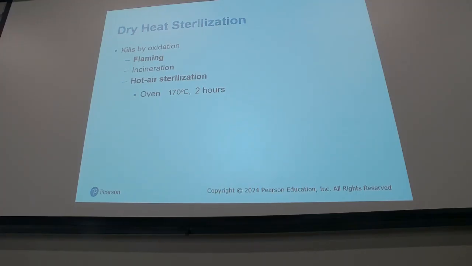Dry heat sterilization. So dry heat sterilization is used for killing by oxidation. Examples will be flaming, like what we do with these loops in the lab.